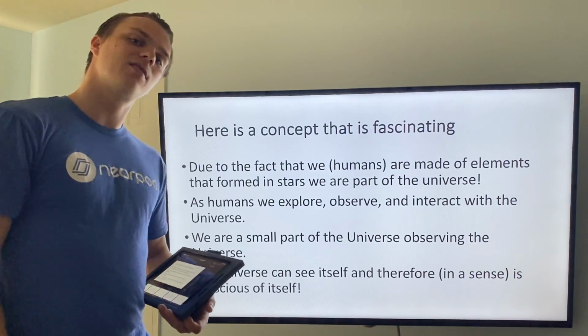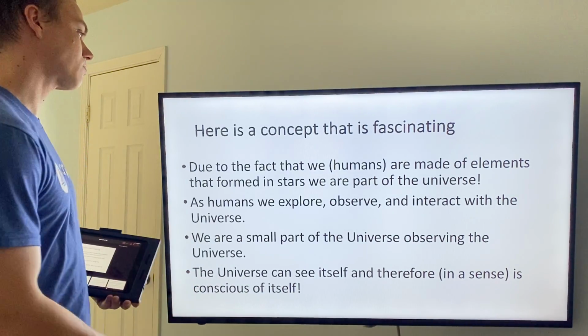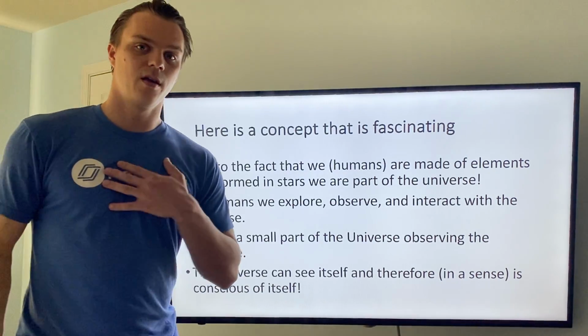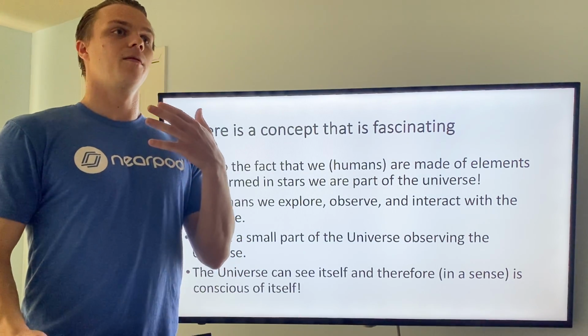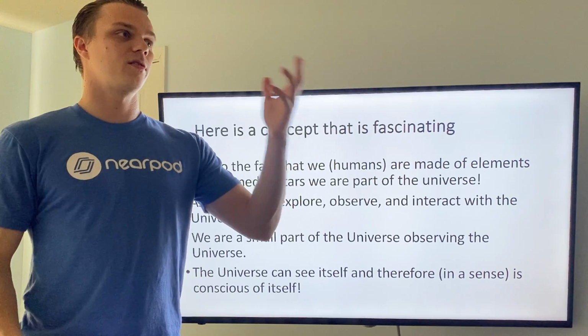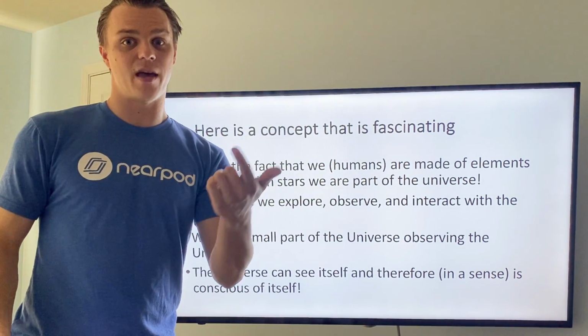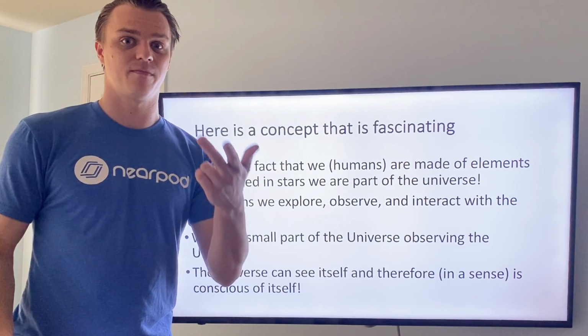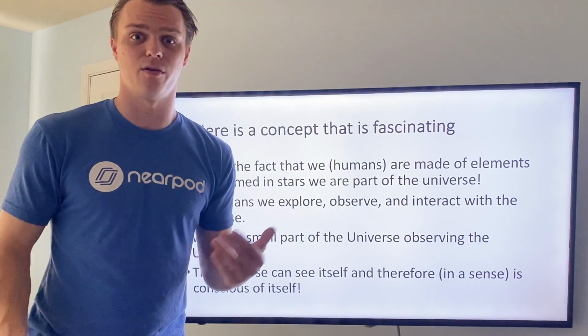So some fascinating things. You can stop watching the video now, but here's some weird things. We're humans, and we're made of elements, all right? So the entire universe is made of elements. So the universe is really just elements, space, and time. It's really all it is, and like dark matter and dark energy, which we really don't know anything about.